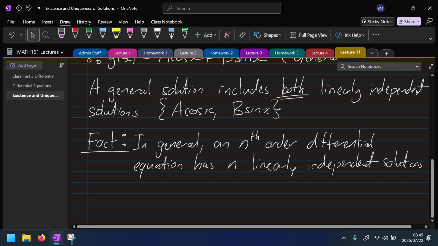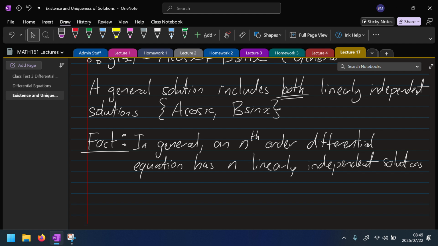Okay, so if I give you a second order differential equation, you should expect two linearly independent solutions, like we had with the sine and the cos.